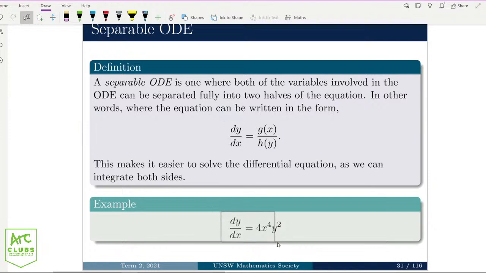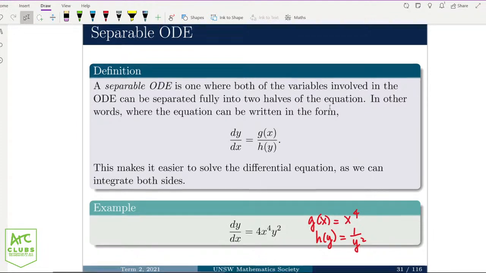For example, this one over here can clearly be rearranged into two functions, because we can have g(x) equal to x to the power of 4, and we can have h(y) being equal to 1 on y squared.